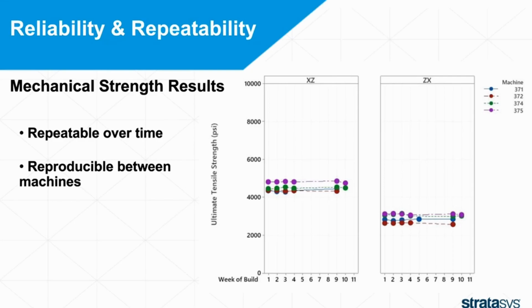Each color represents a different machine, and the data is clustered: we're seeing very consistent results from each particular machine, as well as pretty well clustered data between each of the individual machines. This is not data that our competitors would have, and this is something that's unique to Stratasys, to be able to show the repeatability of our machines mechanically.